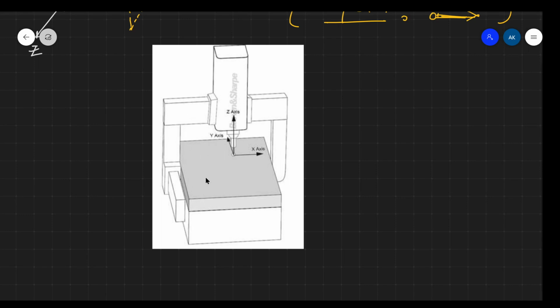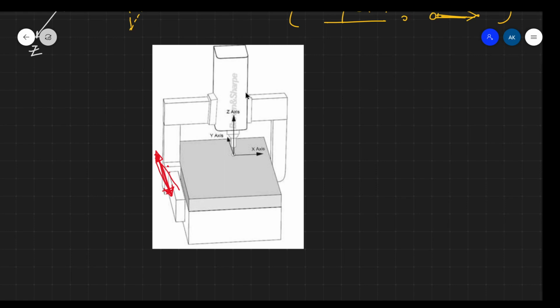This CMM can move front and back; it is fixed on these rails, and this entire system can slide on these rails front and back along these directions.